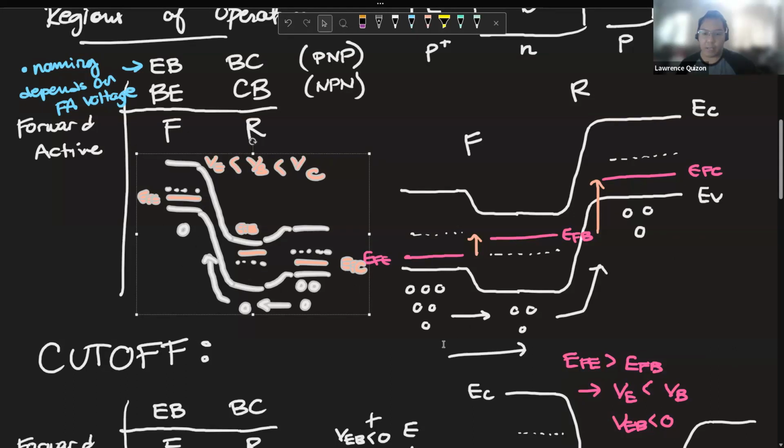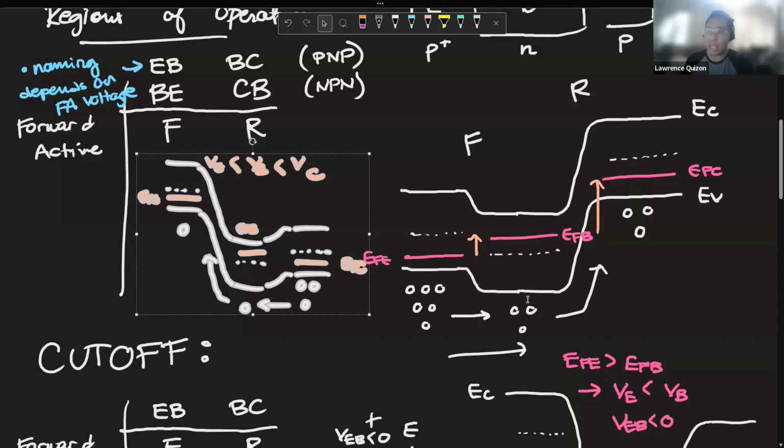So dun sa forward active, I drew a 3-layer pyramid of carriers, no? To symbolize na there's a lot of main carriers na galing sa emitter, no? Now, if you do that for the reverse active case, we only have not as many holes in the collector, right? So what happens is that the injection of majority carriers from the collector into the base is not quite as good as the injection from the emitter to the base, no?